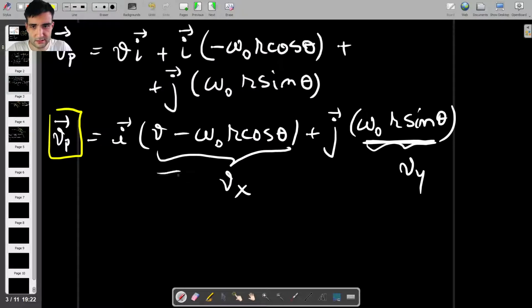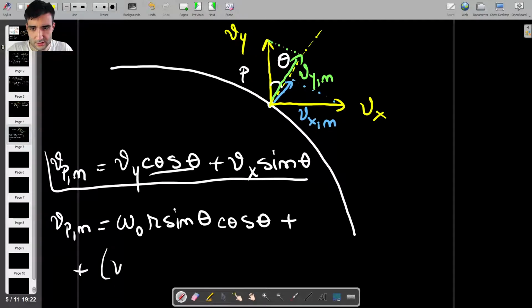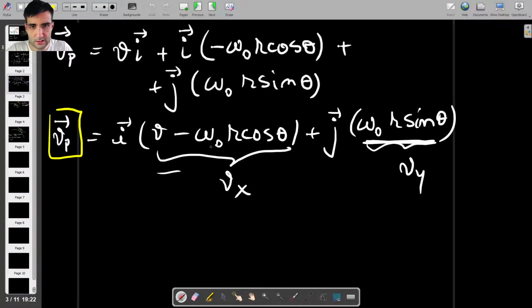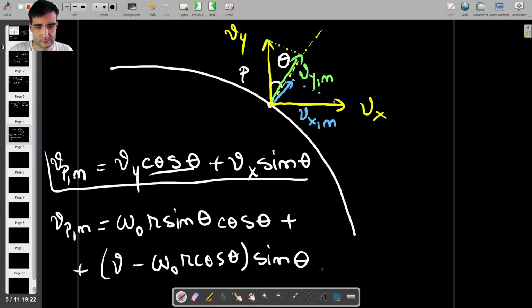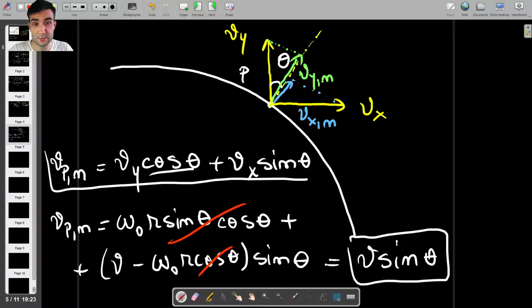So Vx is this thing right here: V minus omega naught r cos theta, times sine theta. And if you look at this, you'll notice, interestingly enough, that this term and this term will cancel out. And the result is just going to be V sine theta, which is nice and simple.